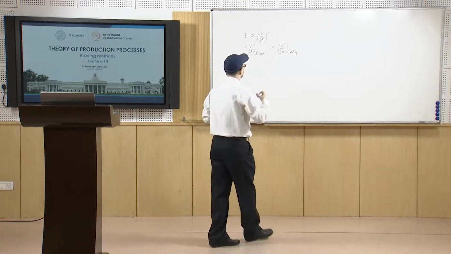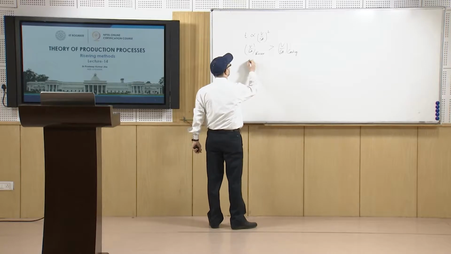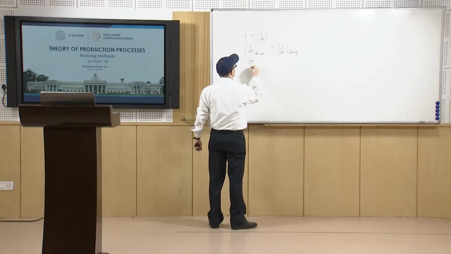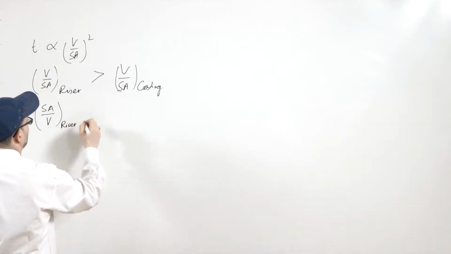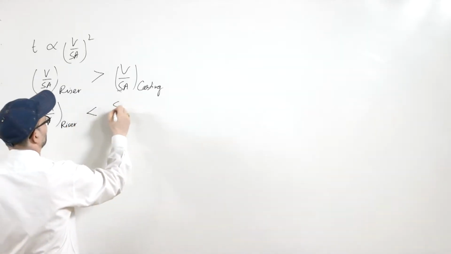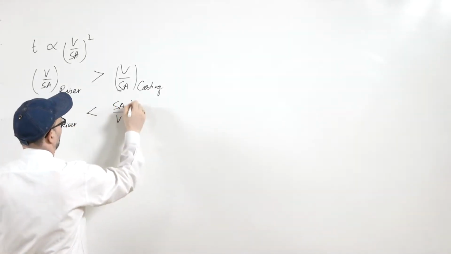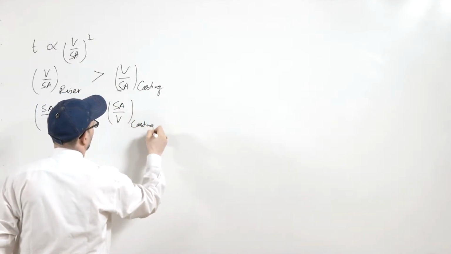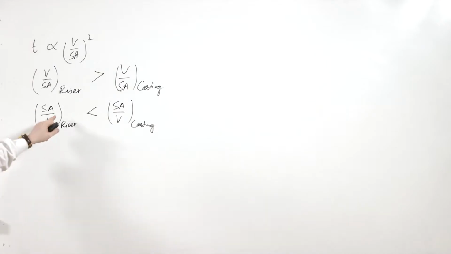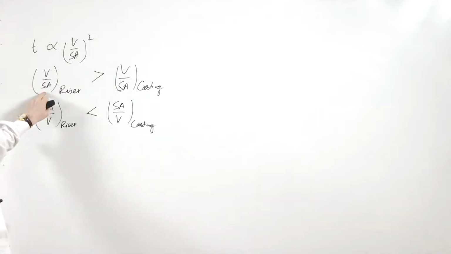to the casting. Conversely, if you take the surface area by volume of the riser, then this has to be less than surface area by volume of the casting. This is proportional to the inverse of the time of solidification, that is, the inverse of V by SA.